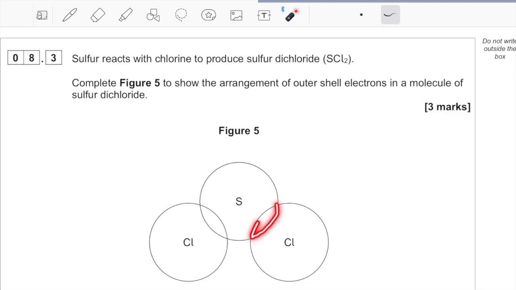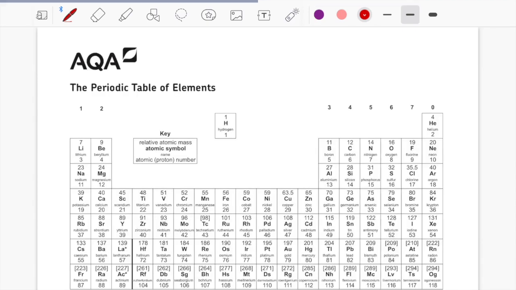This is the overlap. That means we must write a dot and a cross, and only one. One pair of electrons, 1 covalent bond. Covalent bond is a pair of electrons, and we can do the same on the other side. Now, if I take the crosses to be the electrons of chlorine, and I look on my periodic table, chlorine is in group 7.